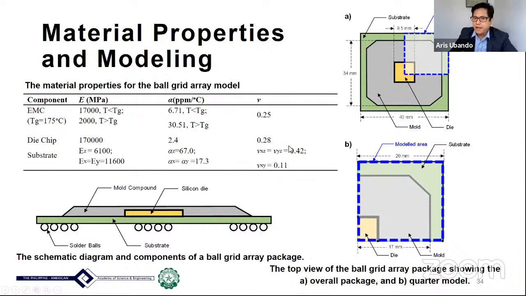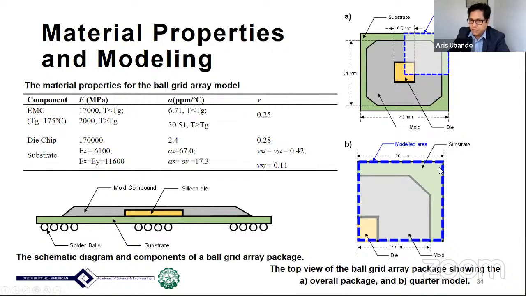Here we have considered the dimensions of the BGA to be 34 mm by 40 mm. But for the simulation that we've done, we applied a constraint wherein we just model the quarter part of the BGA package, since we found that the BGA package is symmetrical.